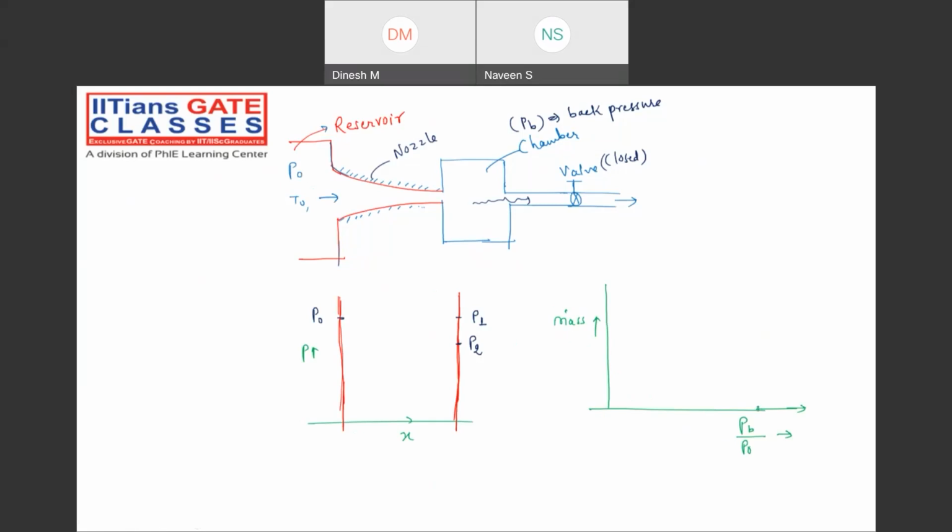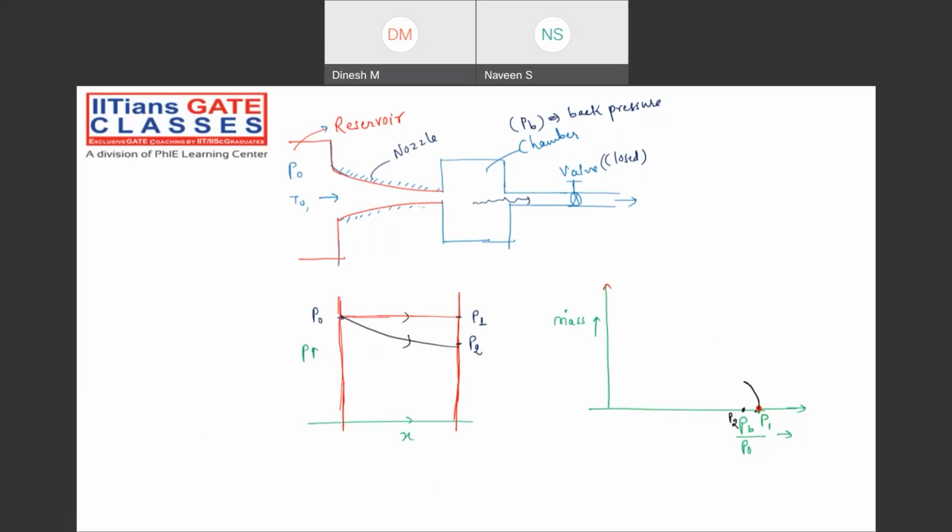When I maintain the pressure P1, any flow will happen? Mass flow rate will be 0, right? When I maintain the pressure P1, the mass flow rate will be 0. The moment I decrease my pressure from P0 to P2, the mass flow rate will increase.